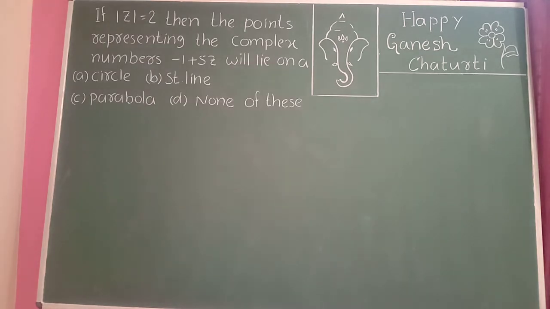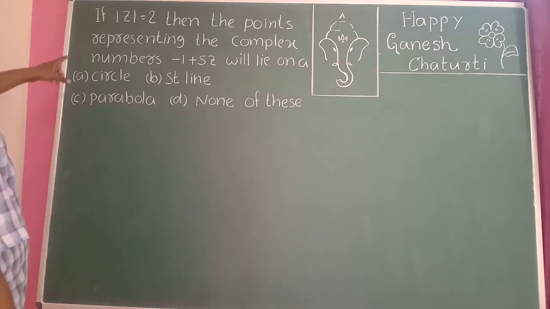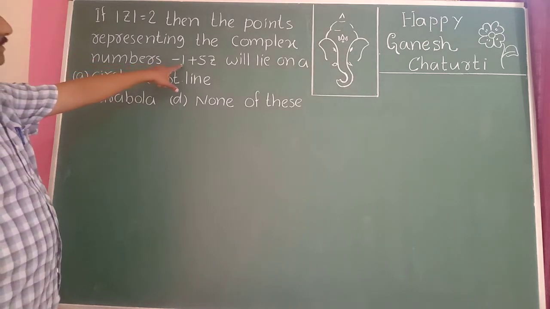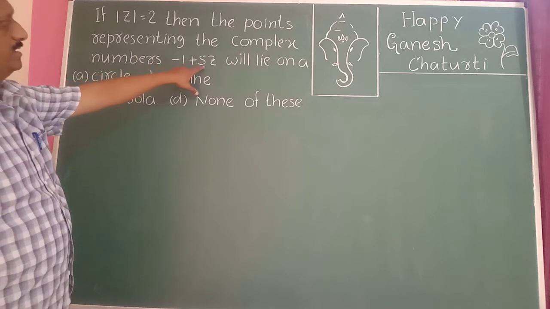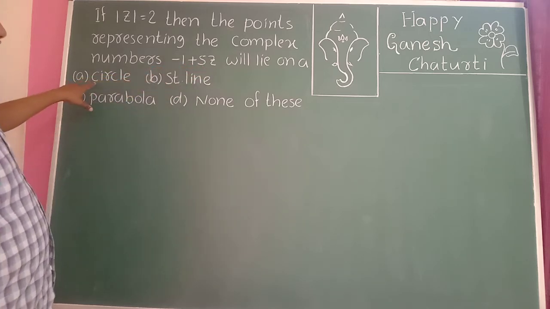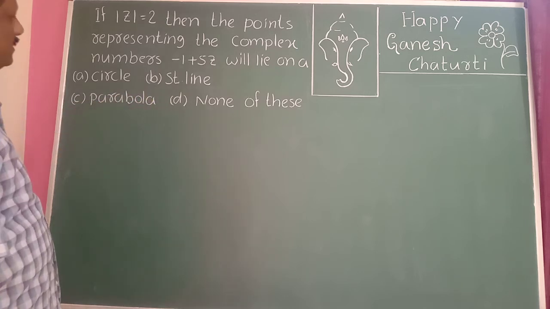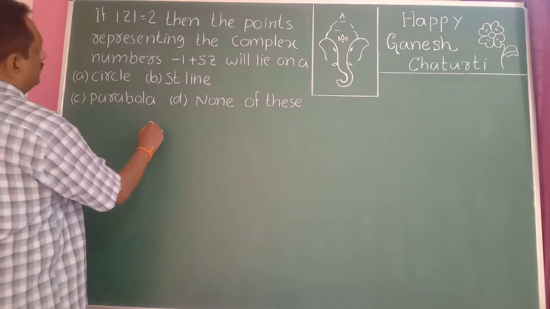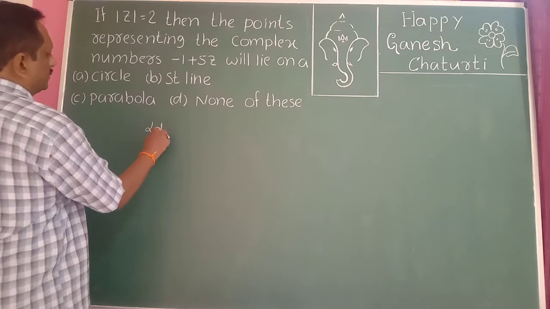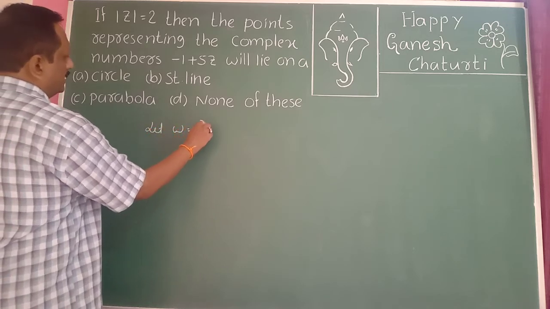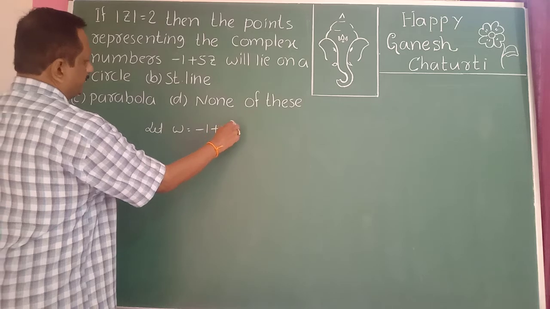So if modulus of z is equal to 2, then the points representing the complex number minus 1 plus 5z will lie on a circle, straight line, parabola, or none of these. So take omega equal to minus 1 plus 5 into z here.